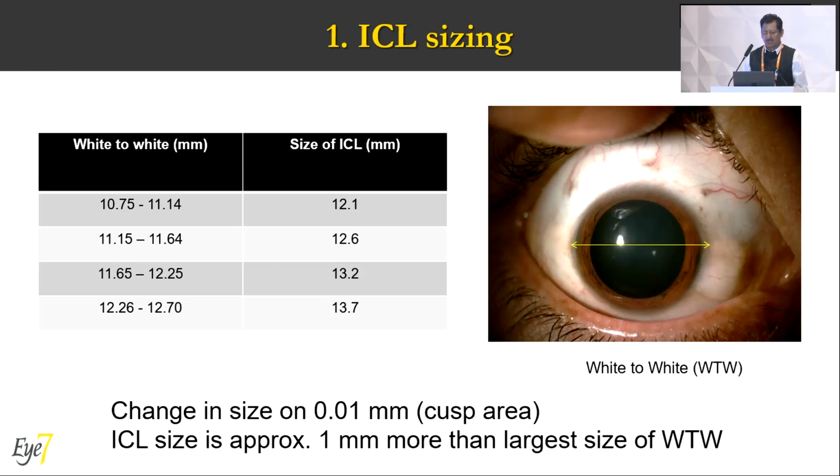And then, another thing, just an observation: on this chart, if you look at the last figure, 11.1 in the white to white, you add 1, it becomes 12.1. 11.6 becomes 12.6. 12.2 becomes 13.2, and 12.7 becomes 13.7.